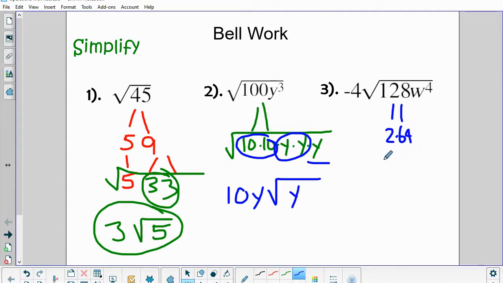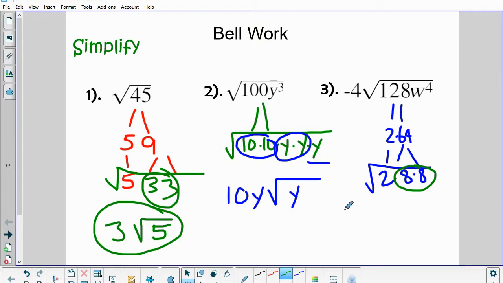And then I happen to know that 64, oh my goodness, that's a nice one. That just breaks down into 8 times 8. So there's a pair right there. So I've got this so far, and I know that the 8 times the 8 is a perfect squared pair. Now I could break that down into a bunch of 2's, but no need to go that far when I already know I have a perfect square right there.